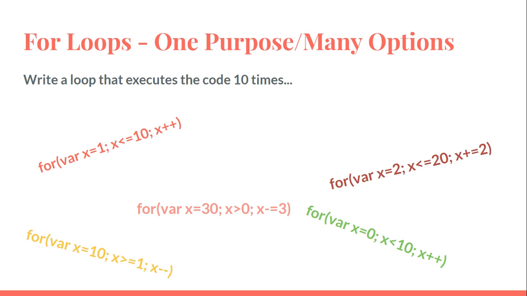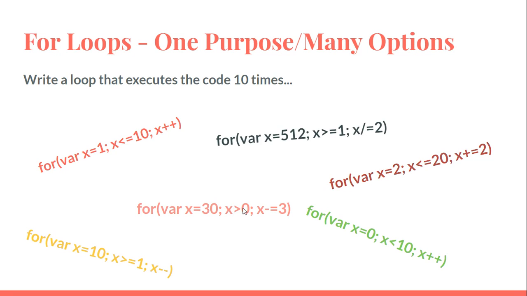For var x equals 30, as long as x is greater than 0, x -= 3. It's going to run at 30, 27, 24, 21, 18, 15, 12, 9, 6, and 3. It will not run at 0 because this is greater than 0, not greater than or equal to 0.